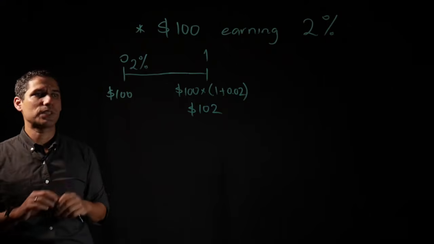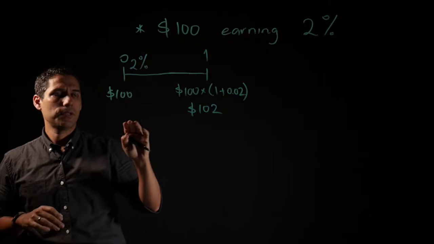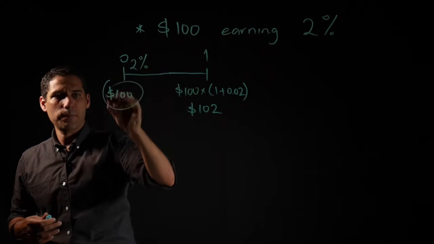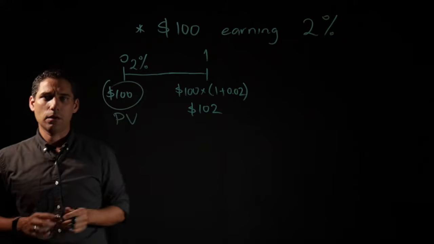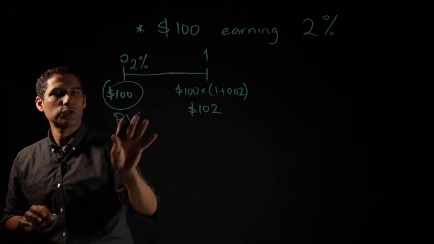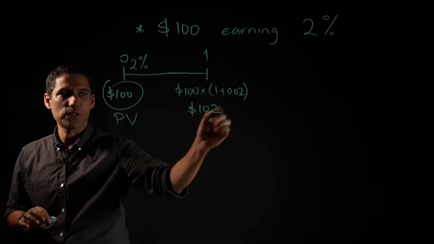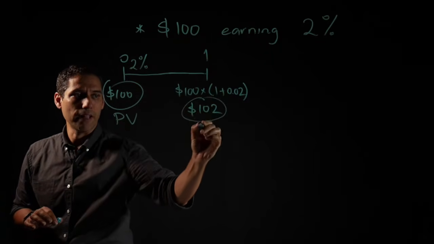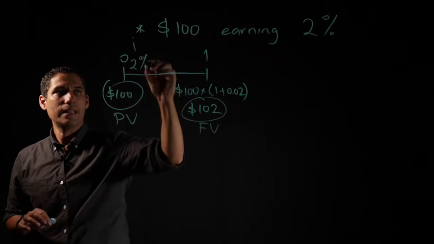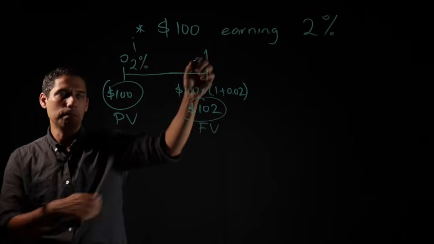So this is what we call simple interest. And when we are building our equations, we're going to think of this as our PV, our present value of our money. And here we are trying to figure out its future value, so you can think of this as the FV. And this is our interest rate, and in this simple example, this is our N, time.